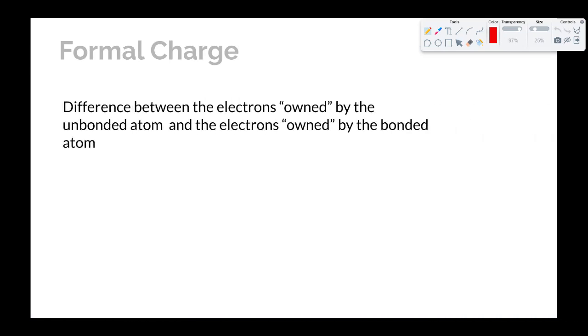Formal charge is basically the difference between how many valence electrons are owned, so to speak, by the atom when it's just an atom, not part of a compound, so the normal number of valence electrons, and the electrons that it owns when it is in the bonded situation.